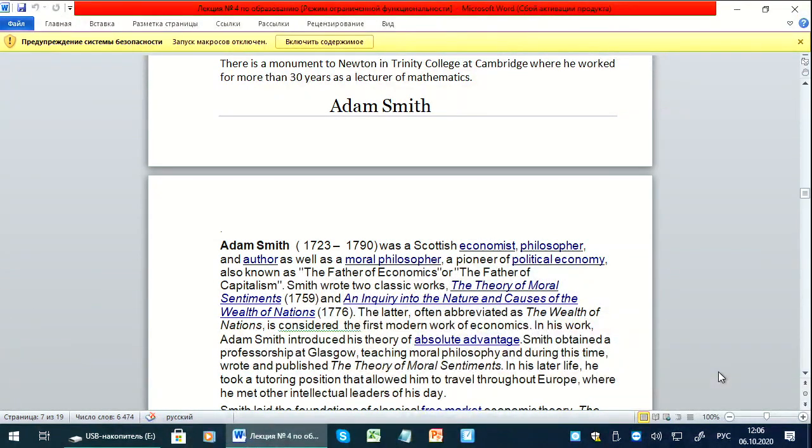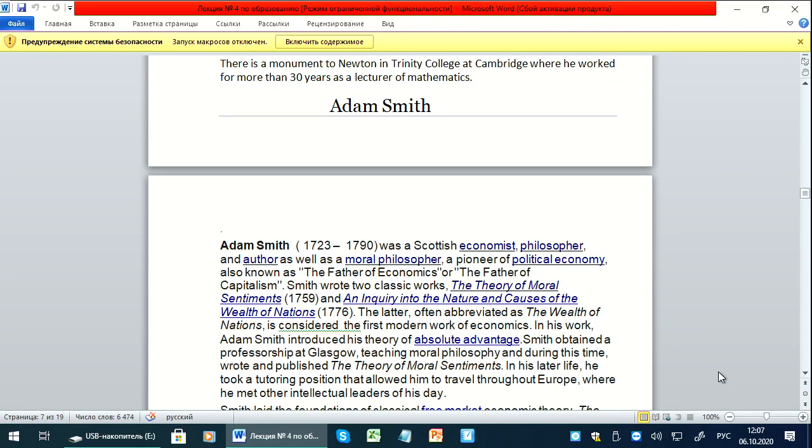Smith wrote 2 classical works, The Theory of Moral Sentiments, which was published in 1759, and An Inquiry into the Nature and Causes of the Wealth of Nations, which was published in 1776.